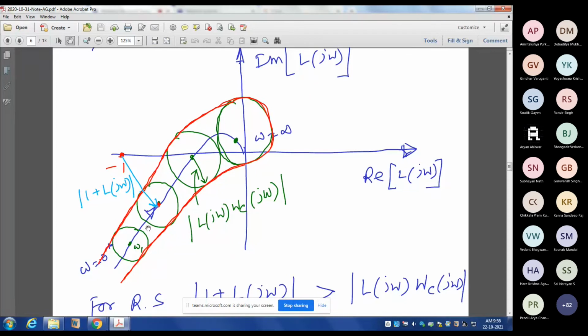What is the distance from the -1 point to the nominal loop? That is |1 + L(jω)|, as we have already seen. The distance from the -1 point to this point is 1 plus L(jω).